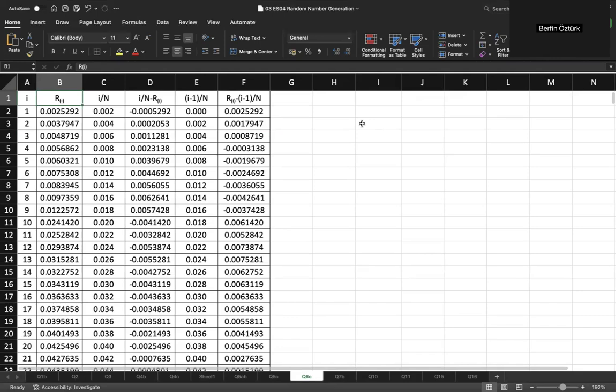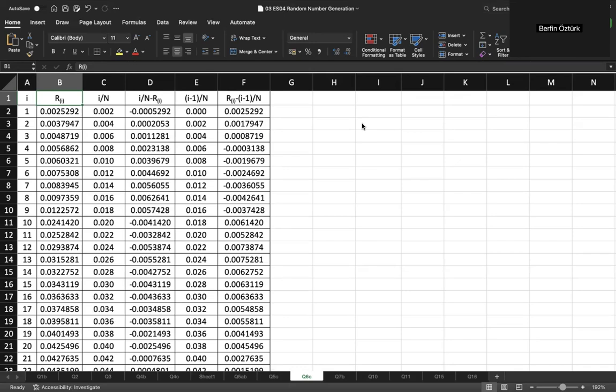The Kolmogorov-Smirnov test can be used for any sample size, but it requires more computation, and it's stronger than the chi-square test.